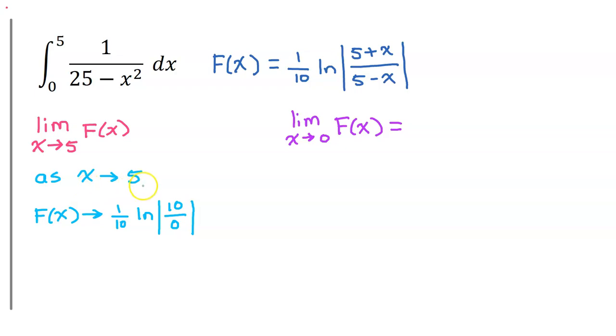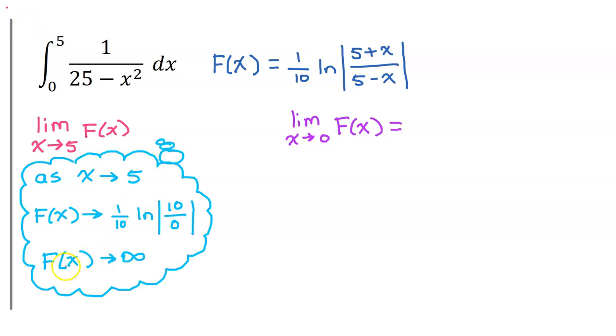As x approaches 5, the antiderivative approaches 1/10 the natural log of 10 over 0. Remember, we're not plugging in 0 here. We're imagining that the denominator is getting tinier and tinier. As the denominator shrinks to 0.01, 0.0001, etc., the overall value of this fraction gets bigger and bigger and bigger, approaching infinity.